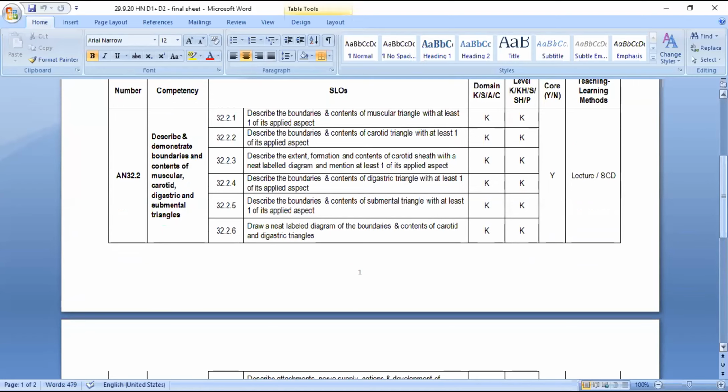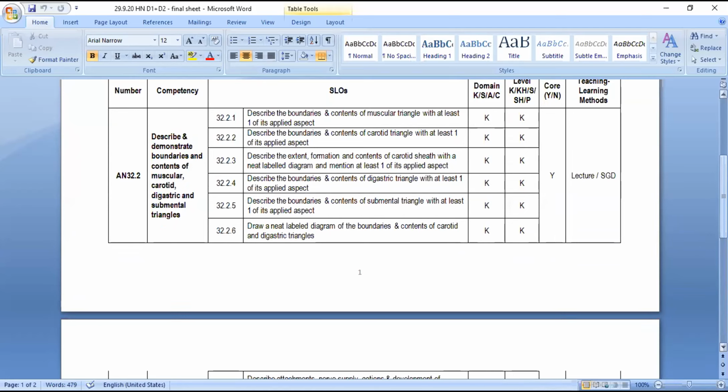Hello. Yes. Good evening, ma'am. Regarding SLOs, the first SLO is mentioned as describe the boundaries and contents of muscular triangle. Actually, we won't see any significant structures in muscular triangle, ma'am.